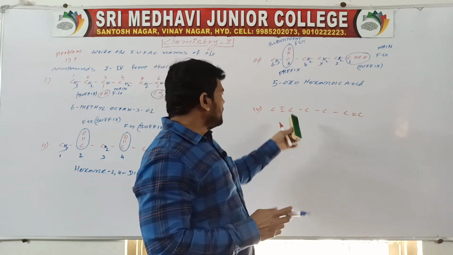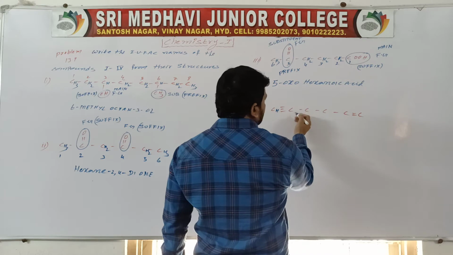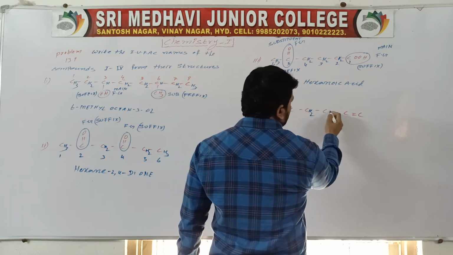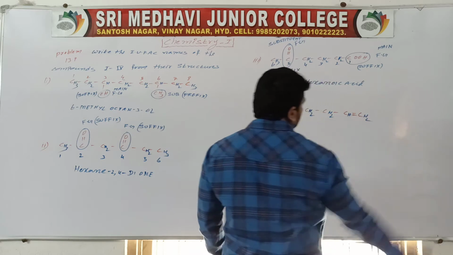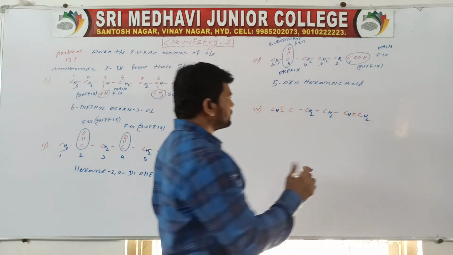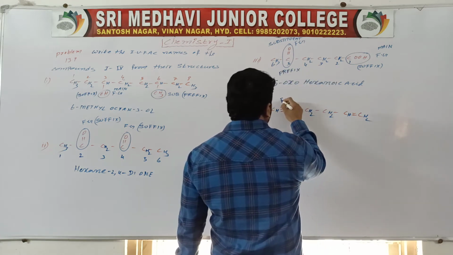Then this one has 3 carbons with hydrogens, 3 plus 1, 4, CH2, and 1 2 3, CH, CH2. Here there is one functional group and another functional group.